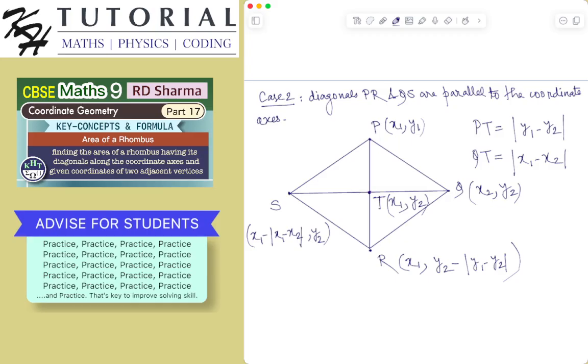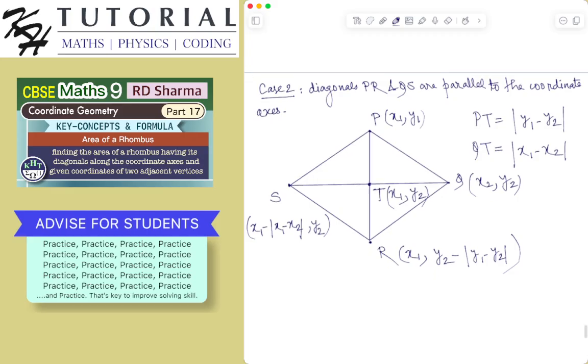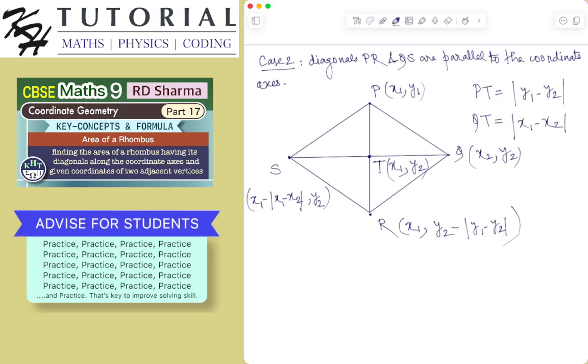If the vertex S would have been to the right hand side of the point T, then its abscissa would have been x1 plus the modulus of x1 minus x2. So we have found the coordinates of all the vertices.